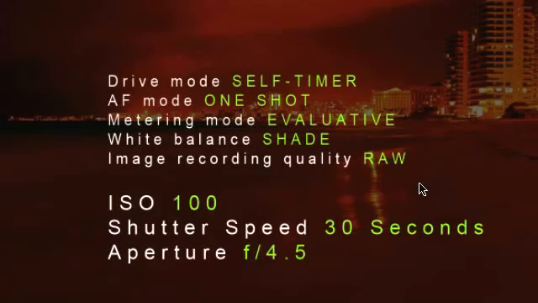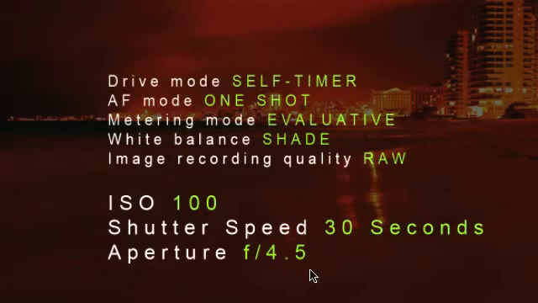Now I set ISO to 100 because at long shutter speeds ISO can produce even more noise and I didn't want that. I wanted a 30-second shutter speed because the water is moving around pretty good and it was windy and the clouds are moving, and so I know that if I leave the shutter open 30 seconds, all the things that are moving are going to become soft focused or blurry, if you will.